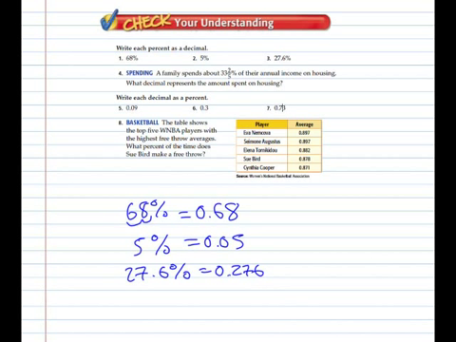Number 4. This family spends about 33 2/5% of their annual income on housing. What decimal represents the amount spent on housing? Well, 33 2/5 becomes 33 4/10, which becomes 33.4.